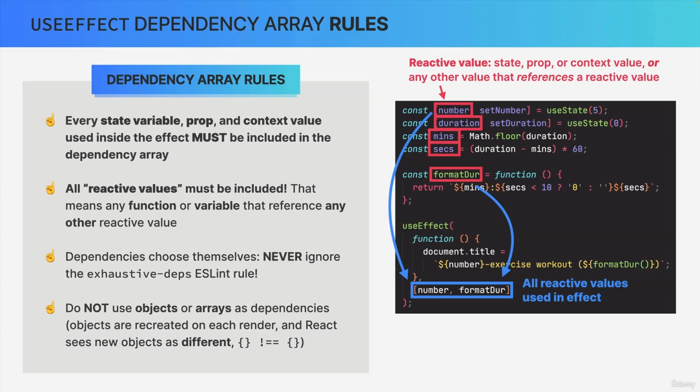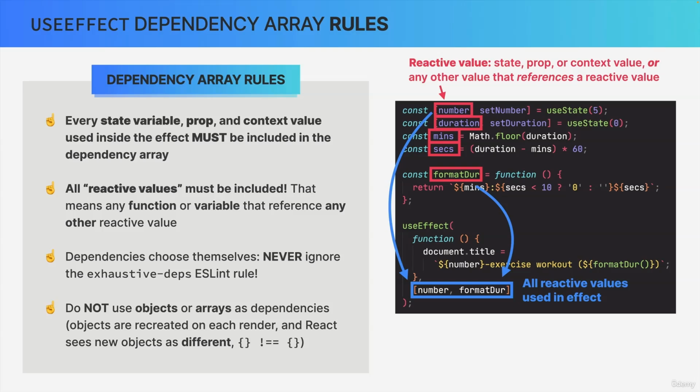However, as we already know, objects in JavaScript will have a different reference each time that they are recreated. And therefore, even if the content of an object stays the same after a render, React will still see the old and the new object as different and will therefore rerun the effect. Now, if you really do need an object as a dependency, I have some solutions in the next slide.